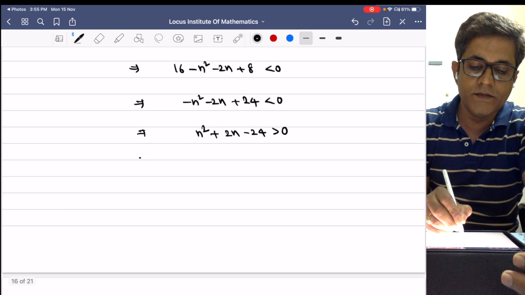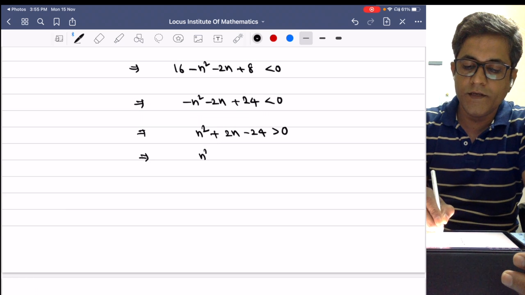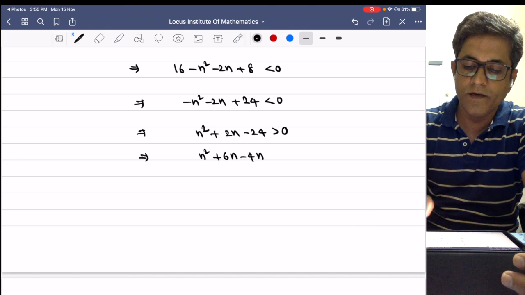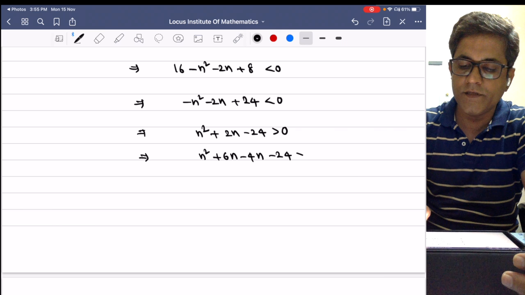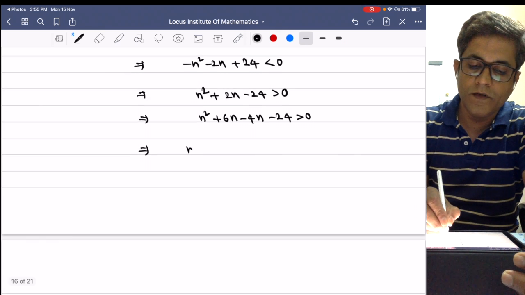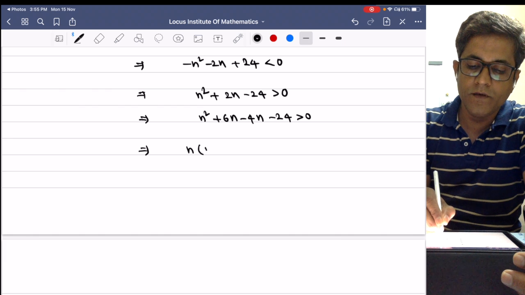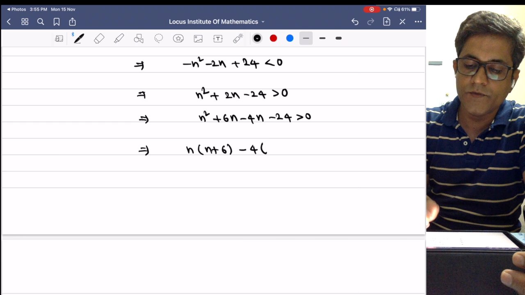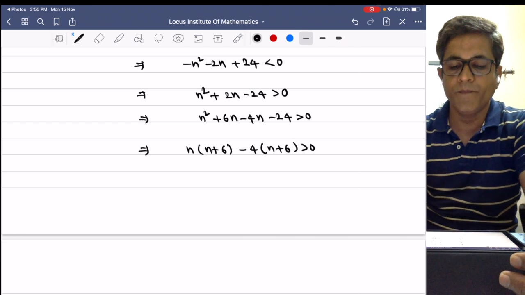If you factorize it, n² + 2n − 24 can be written as n² + 6n − 4n − 24 > 0. From the first two terms you take out n common, that is n(n + 6). From the last two terms you take out −4 common, −4(n + 6) > 0.